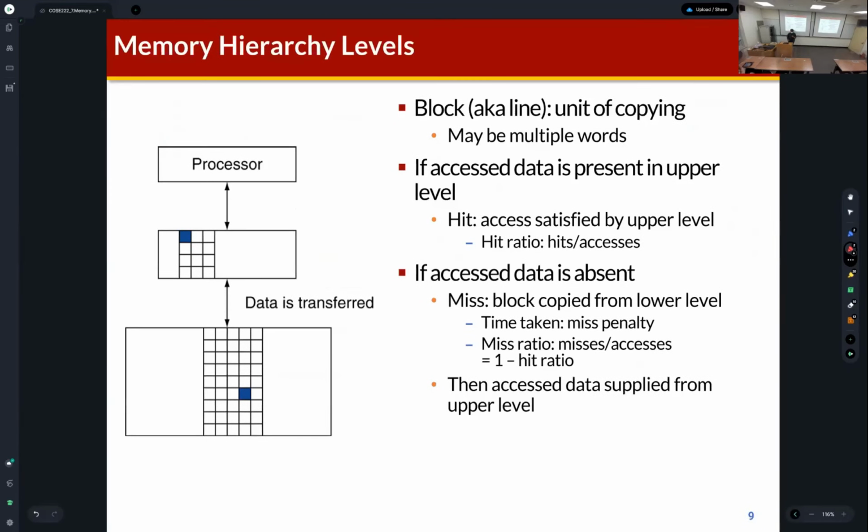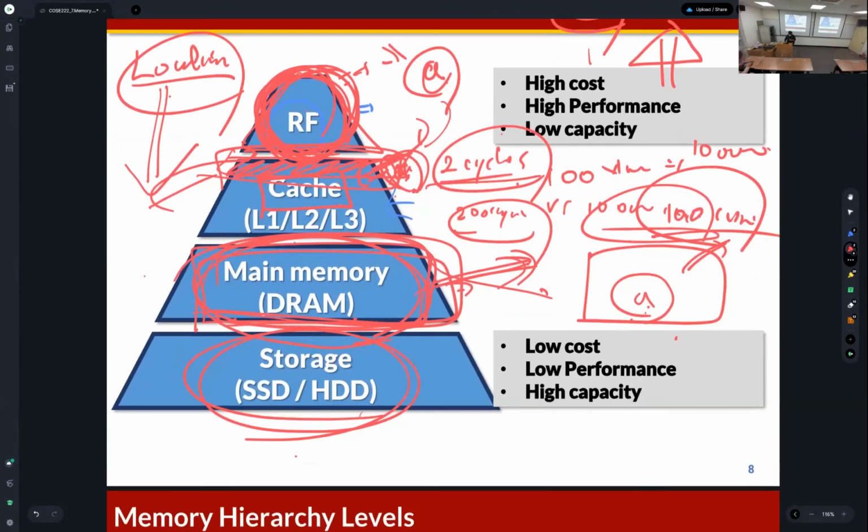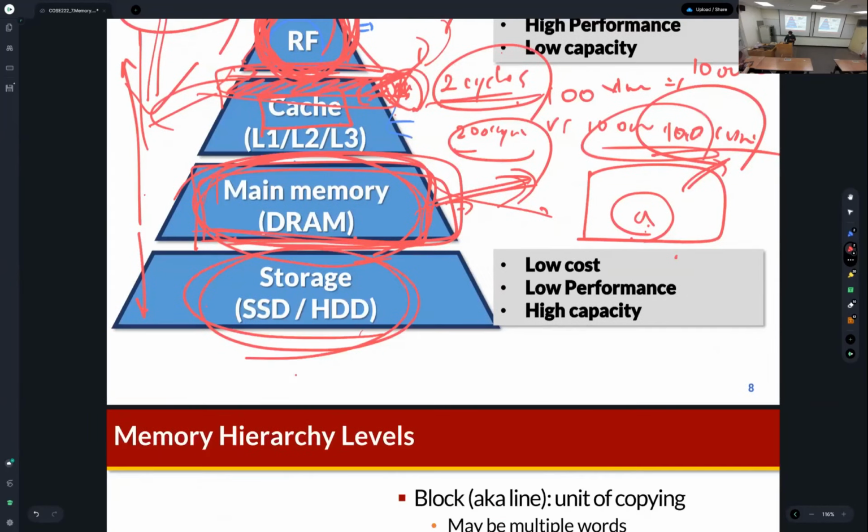Okay, so this is also the overview of memory hierarchy. This is the processor, and also we can find the small, higher level memory. This is the higher level, and this is the lower level.